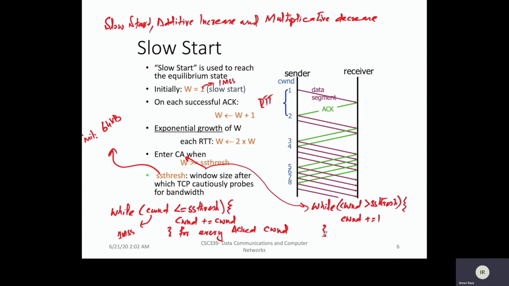And we will be doing that for every acknowledgement, right? For every congestion window fully acknowledged, right? Or a full window of acknowledgements. Okay, and we'll keep doing it until we experience a timeout or triple duplicate acknowledgements, which we'll see in a minute.